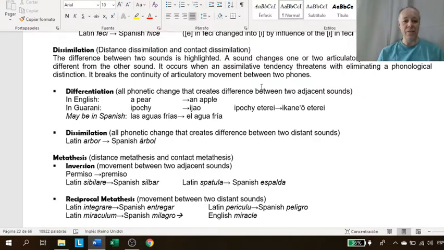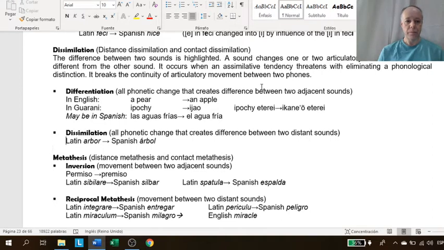The difference between two sounds is highlighted. A sound changes one or two articulatory features to be more different from the other sound. It occurs when an assimilative tendency threatens to eliminate a phonological distinction. It breaks the continuity of articulatory movement between two sounds.